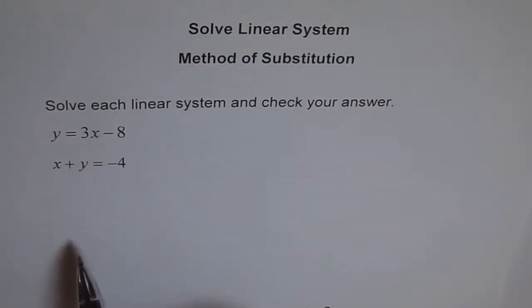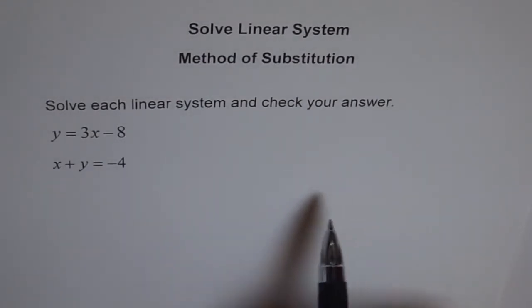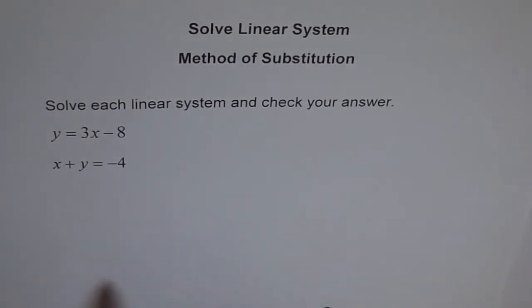We could solve this in many different ways. One, you could plot a graph, and the point of intersection of the two lines is the solution for this system. Sometimes in a graph we don't get very accurate answers. It's very difficult to read if the number is in between two values which are not exact.